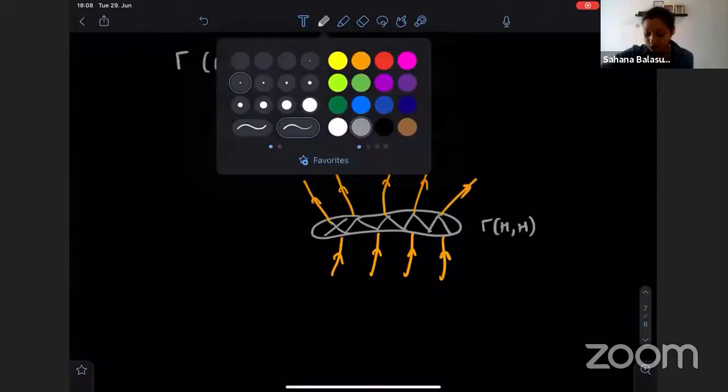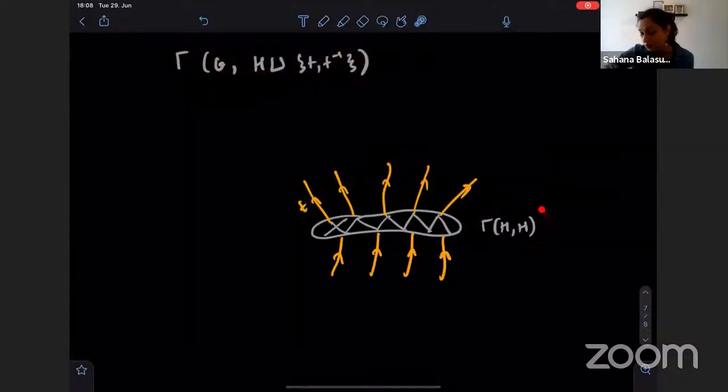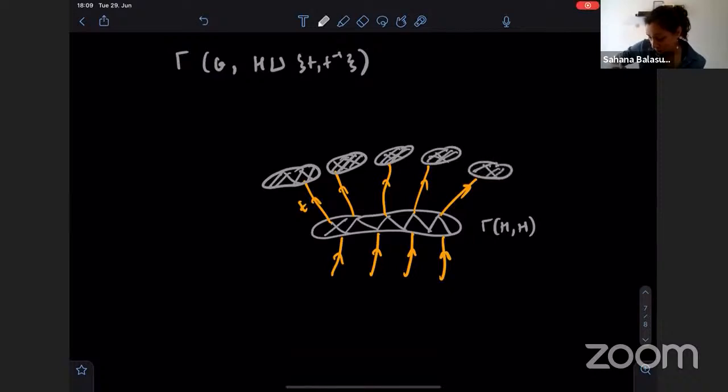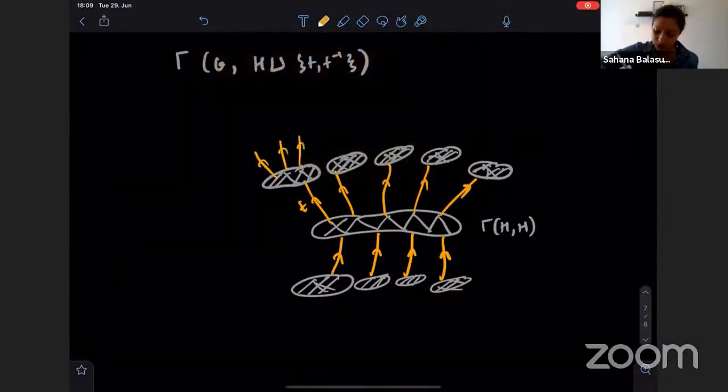But every one of these T edges maps to a fresh copy of this subgroup, which don't overlap with each other. So when I've branched out of T because of the free product structure, I have another copy of the subgroup here. I have another copy of this complete subgraph over here. And all of these are, of course, defined by different cosets of the group. And the same is true for the incoming edges with respect to T. And now this picture keeps going. Every vertex here has an outgoing edge. You have lots of incoming edges.